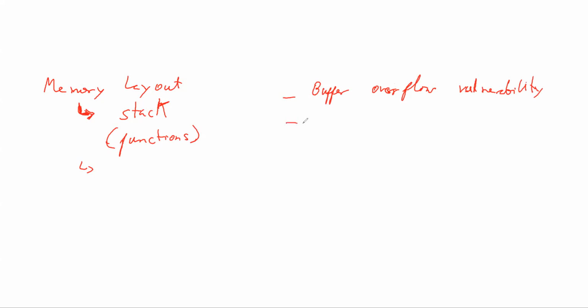We will talk about writing shell code. And also we will talk about countermeasures, or controls, let's call them, which are the defenses that operating systems put in place to prevent these things.